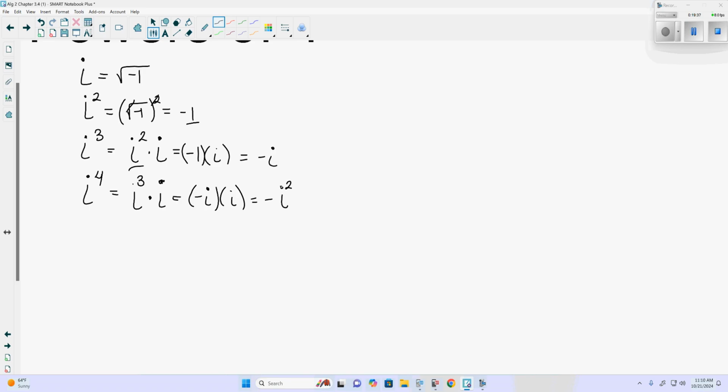Well, what did we say i squared was? i squared is negative 1, so we have negative negative 1, which is just 1. This might seem a little weird, but again, just hold on. We're going to be getting somewhere here in a second. Questions on this so far? Okay.